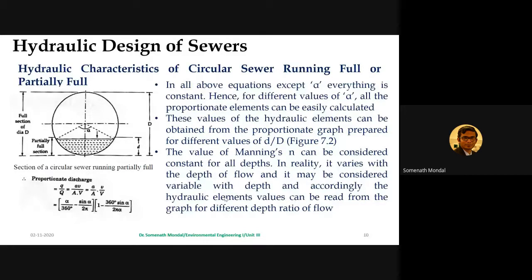Now, what we can do is these values of hydraulic elements can be obtained from the proportionate graph prepared for different values of d by D. So basically, taking the proportionate depth, that is d by D, as reference, values of other elements can be found out from the tabular form.